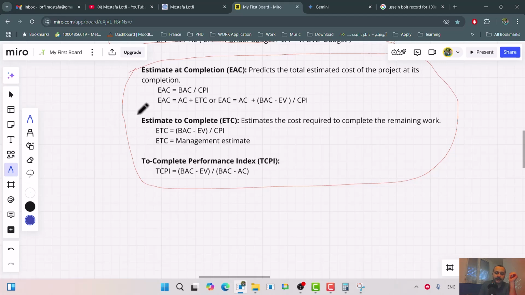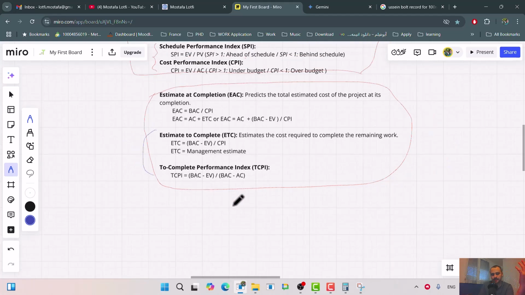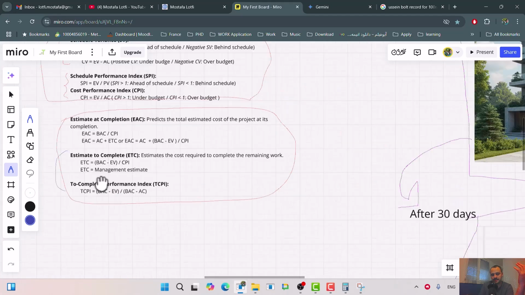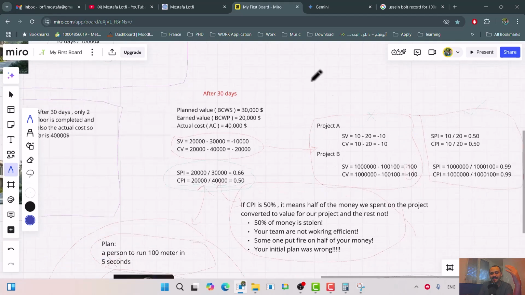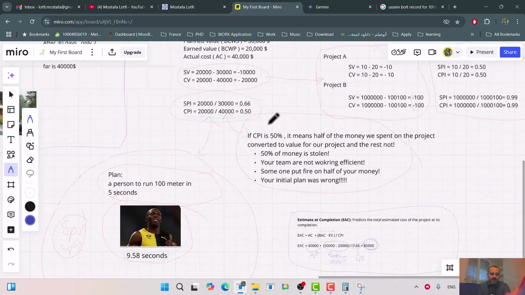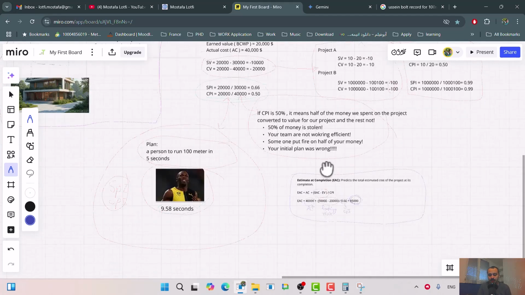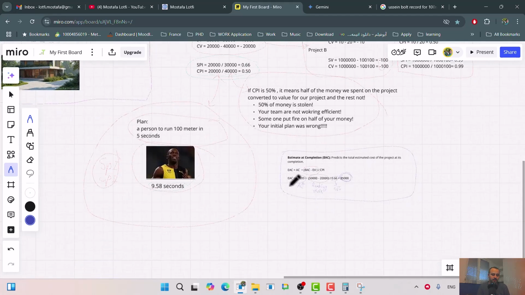I'm leaving you a small homework, to try to interpret these two similar to EAC. Try to understand the intention similar to what I tried to explain to you for CPI and SPI. Interpret it. Try to do it for those two as well. Okay, if you have a question, put it in the comments, right, and I will try to answer.